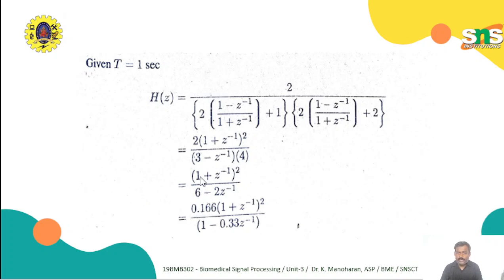The remaining term I keep as 1 plus z inverse whole squared. I do this so that I can realize the function directly. The filter function should always be 1 minus some terms of z power minus 1, so whatever term is common should be taken out and brought back to the numerator for easy realization.